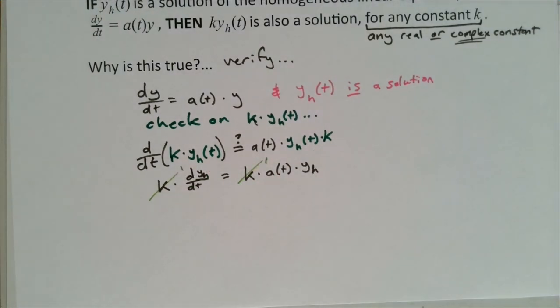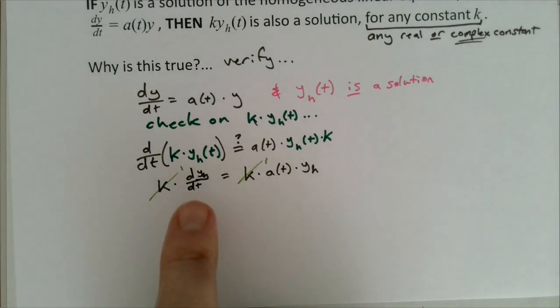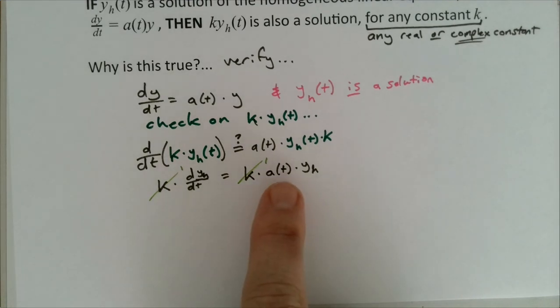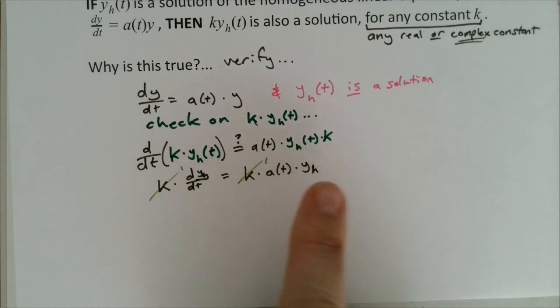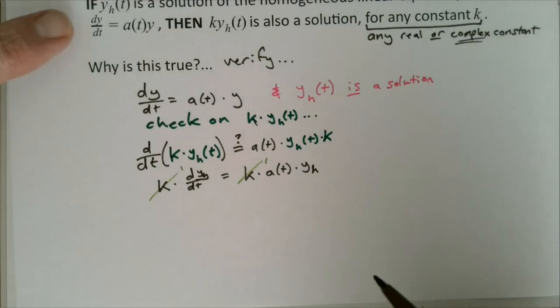And what we're left with is the derivative of the thing that we know is a solution. Is that equal to a times the solution? But guaranteed, if it's a solution, then it makes this equation true.